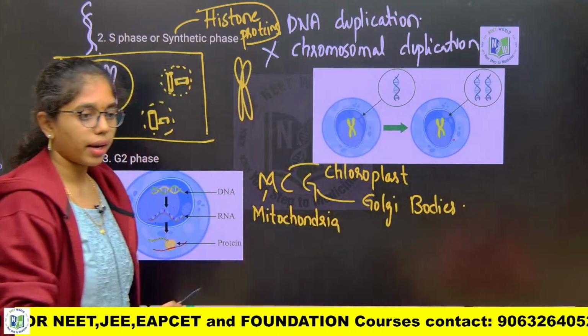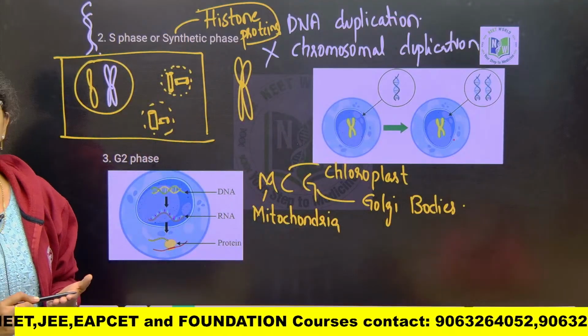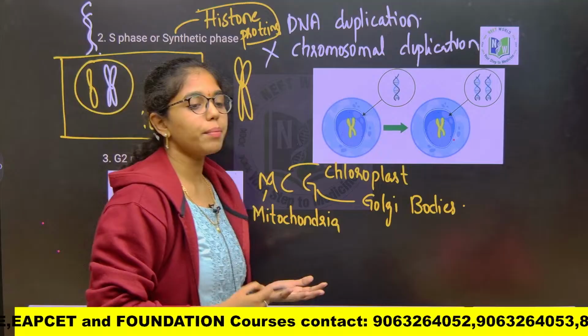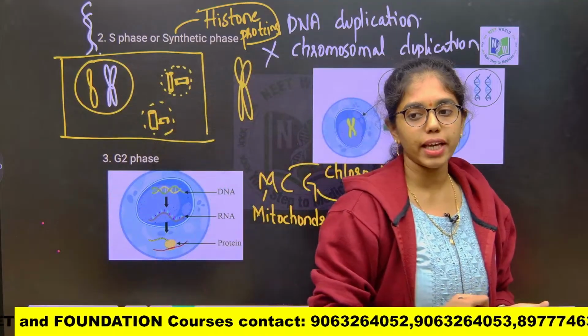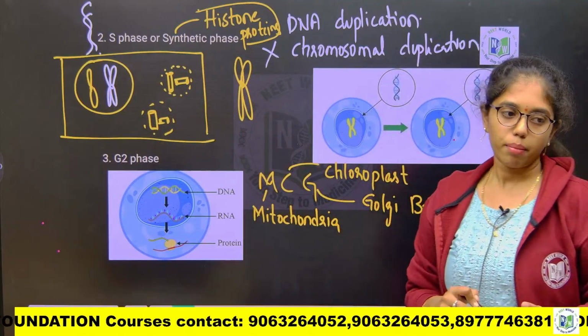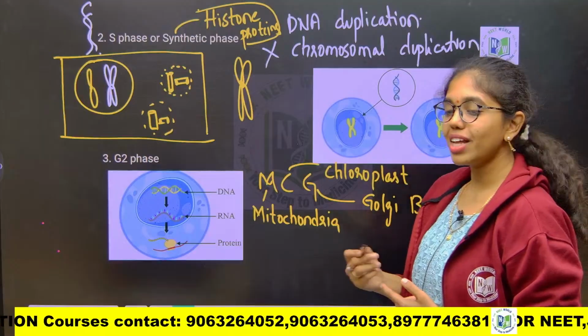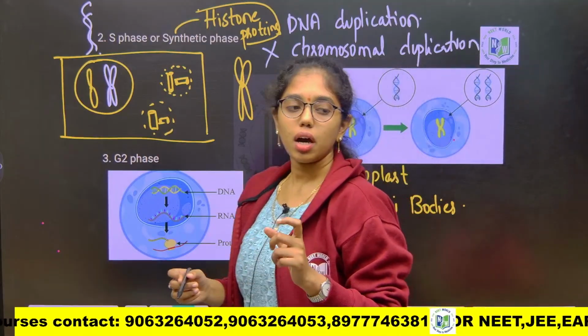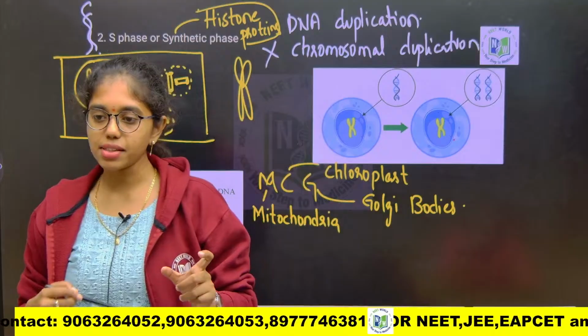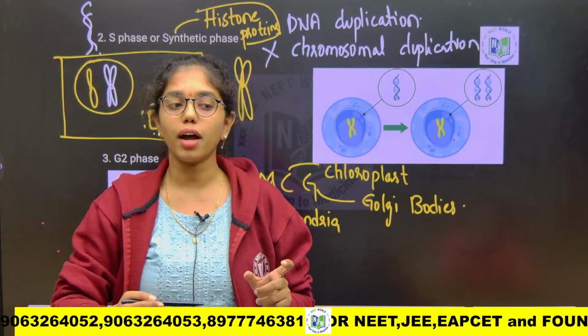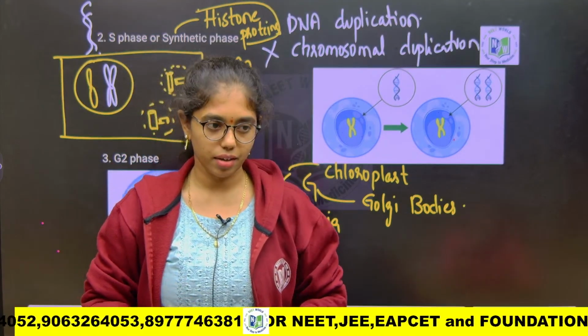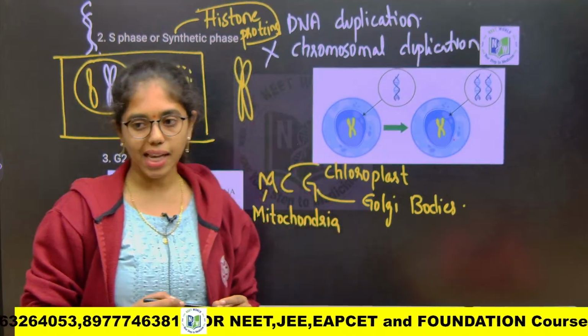Among these three organelles, which do you include under semi-autonomous or self-duplicating organelles? Mitochondria and chloroplast. So if there is a question, in which phase are self-duplicating organelles replicated? G2 phase. It is as simple as it is.